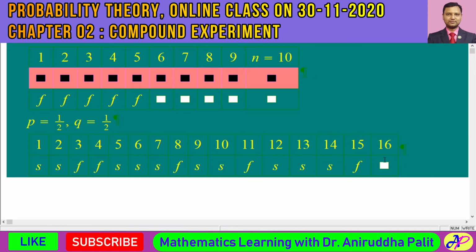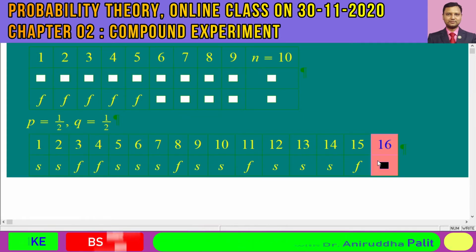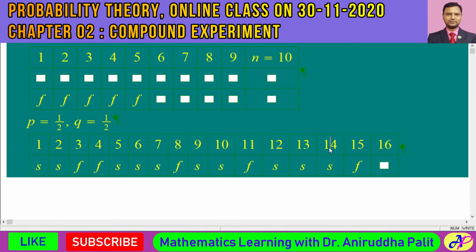Okay, so the fact is about trial number 16, not about trial number 14. Be very careful. These are two different cases. I am talking about trial number 16.